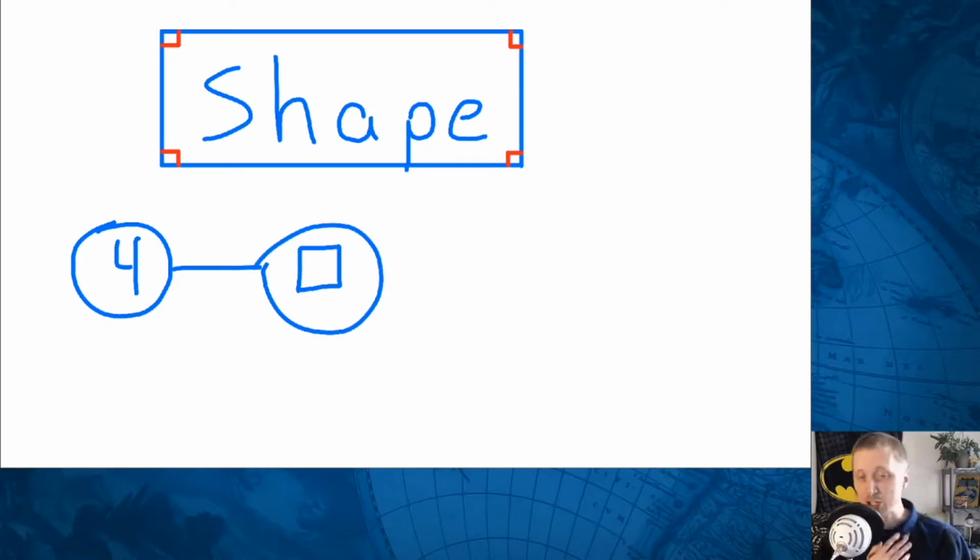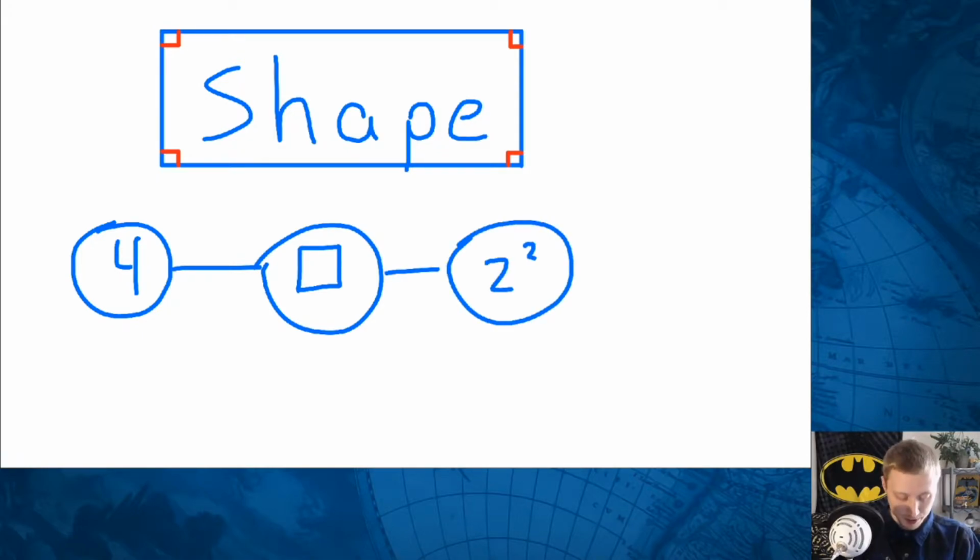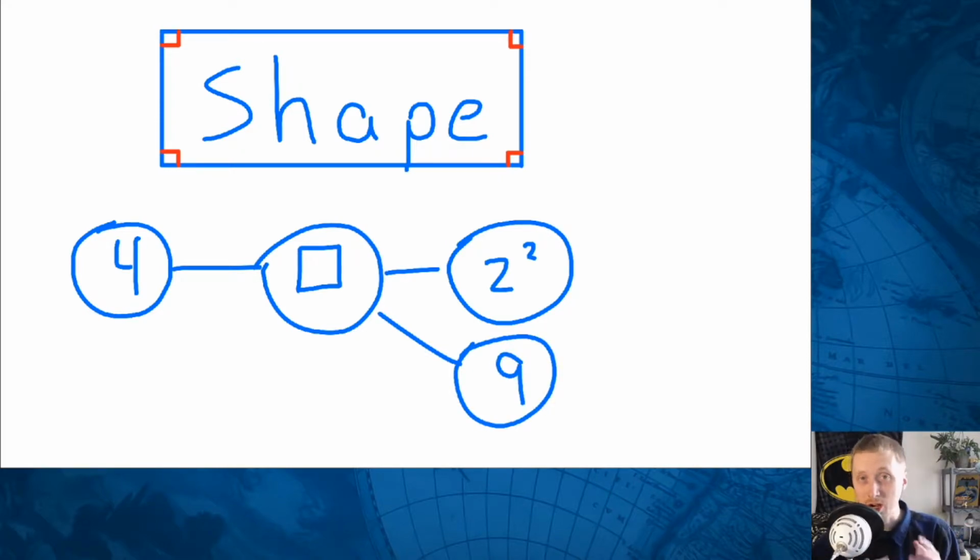And the reason a square best resembles 4, or 4 best resembles a square, is not just because it has 4 sides, but because 4 is 2 squared. Same reason that we would say 9 is a square number. It is something squared. We use that term. So to think of it in terms of the shape square makes perfect sense, okay?